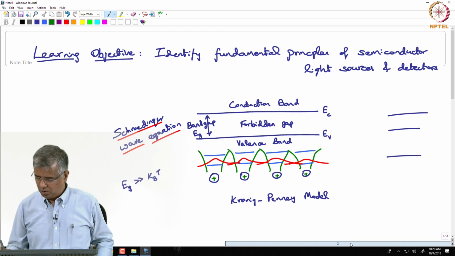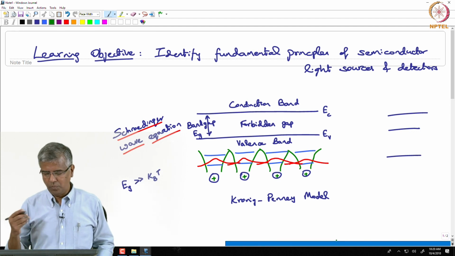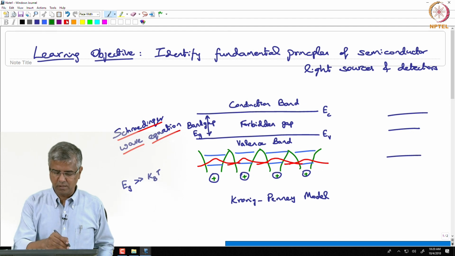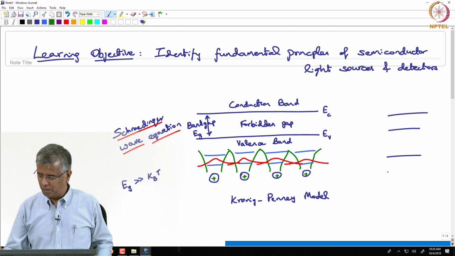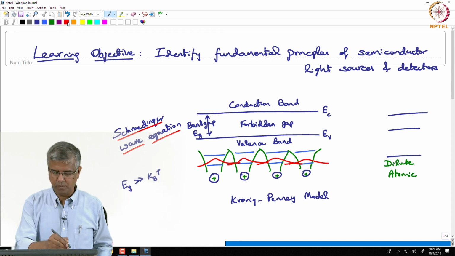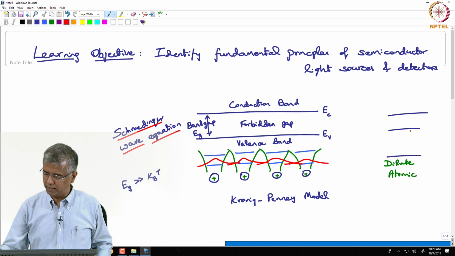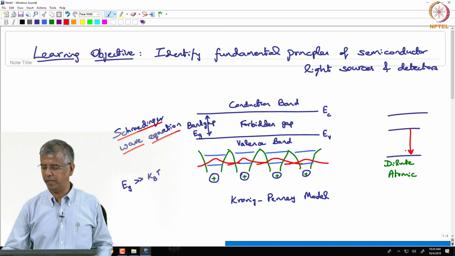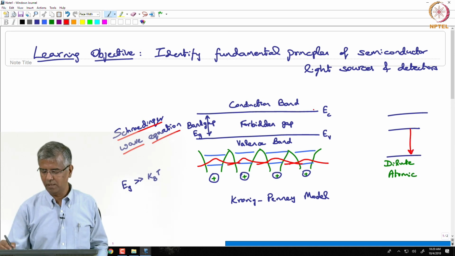Okay. So now, while we stay on this, when we are talking about dilute atomic systems, we were talking about transitions between energy levels.